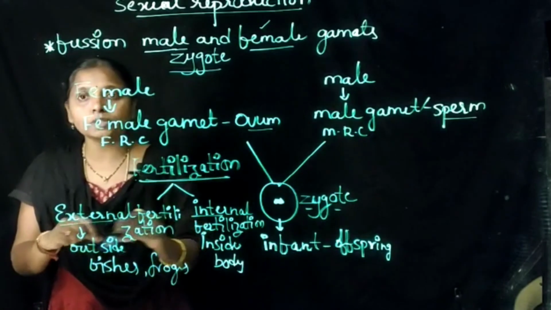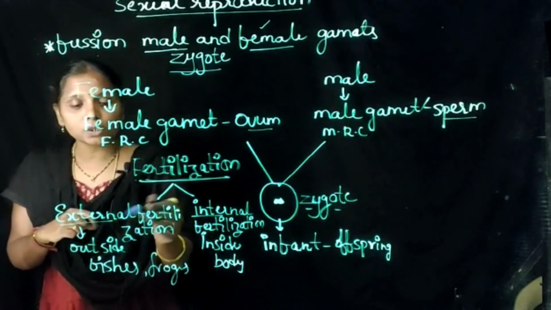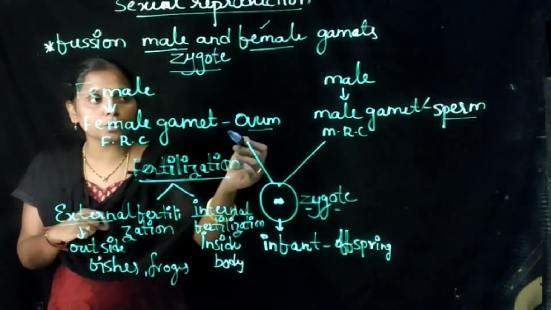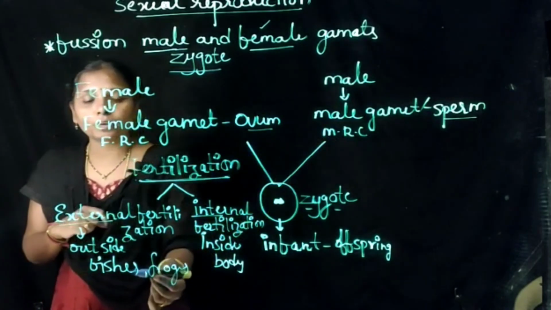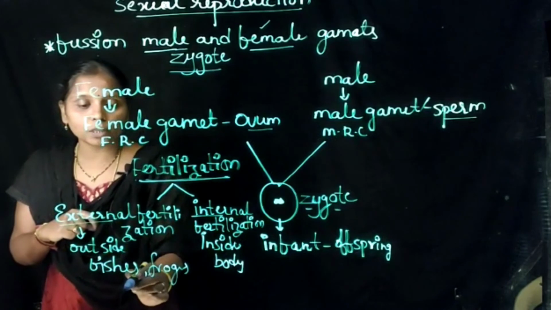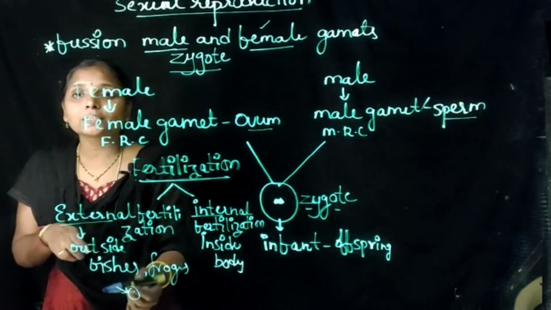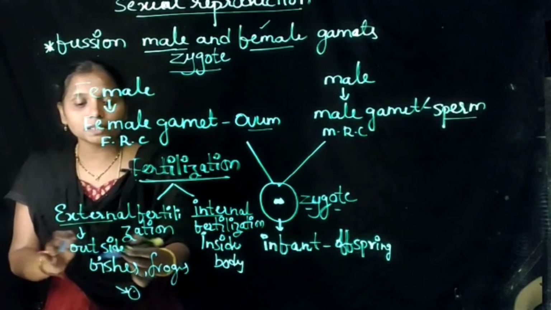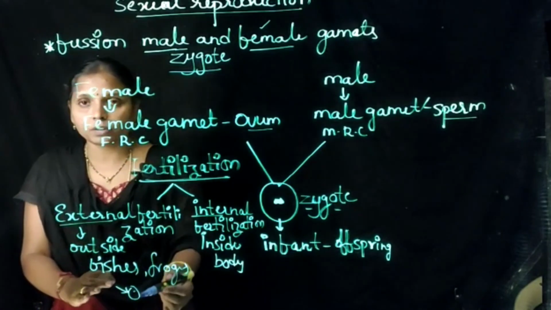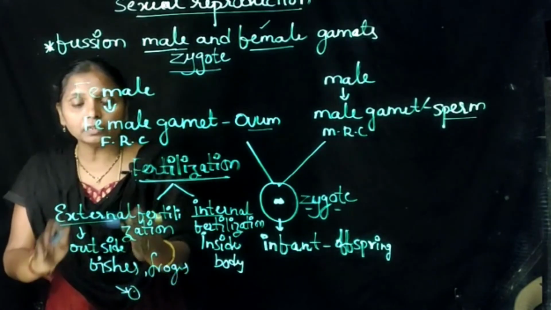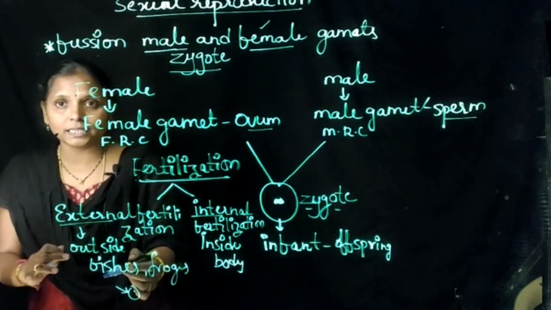Especially these live in the aquatic region. Whenever they release the ovum and sperm outside of their body, the fusion of sperm cells and ovum takes place outside of their body. They form the zygote outside of their body. That type of fertilization is called external fertilization.